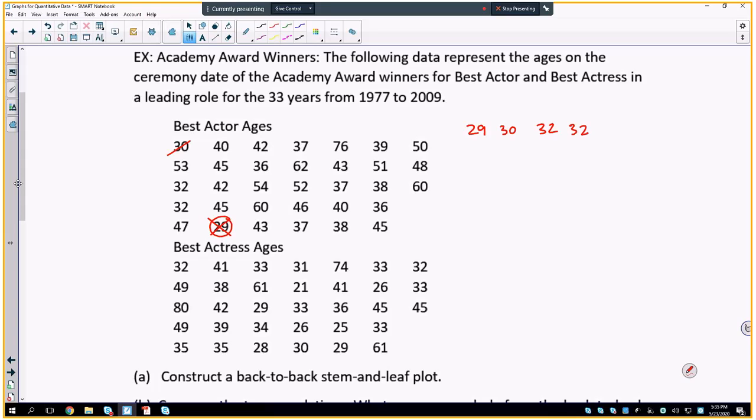If we miss one, we can just squeeze it in, because I'm not making my stem and leaf plot yet. I'm just reordering my data. So after 32, I see 36. Two people who were 36, here and here. And then I see 37, three of them.